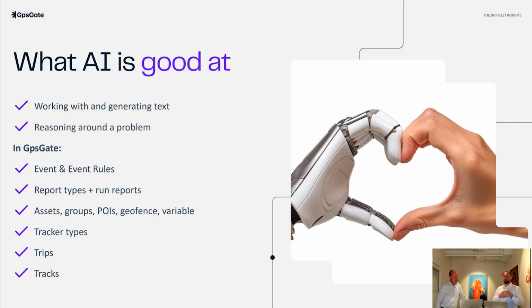So if you want to ask what trackers do I have, you can check what tracker types you have connected, how many assets you have, where they've been, and so on. Just feel free to ask about what you find interesting. The GpsGate AI is aware of all the setups that you have in your configuration.